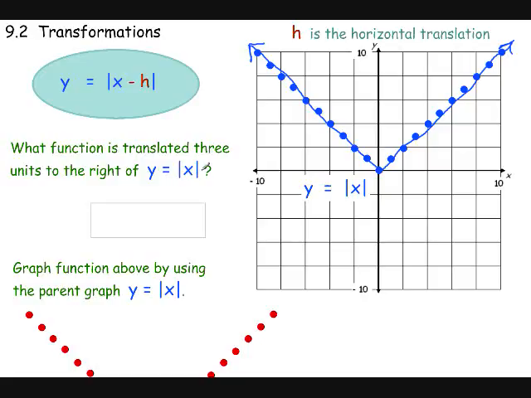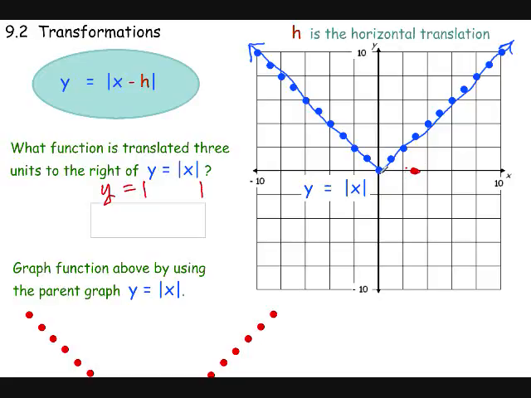Now we're not going up and down, so we're not going to add something on to this function. Where are we going to make our change? Inside the operation. So we have got to look at doing something inside absolute value. If we want to translate it 3 units to the right, that means our new vertex will be right about here.